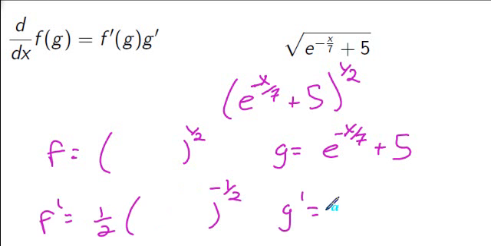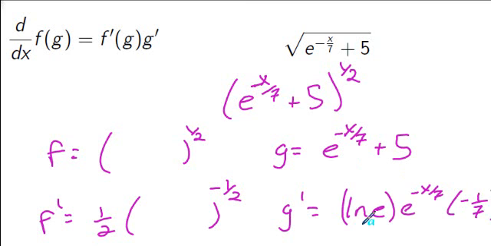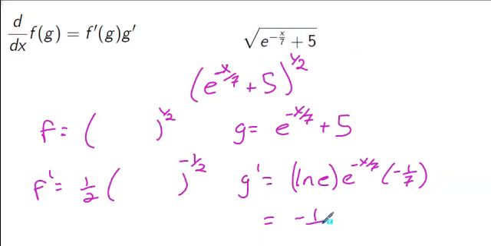And my g prime, again, that's essentially the power rule, and here I have my g prime. The derivative of 5 is 0, but the derivative of this guy is another chain rule. So we're going to have, long way, ln of e times e to the negative x over 7 times u prime, which is negative 1/7. Or simply, that ln of e becomes 1 obviously, so I got negative 1/7 e to the negative x over 7 for my g prime.